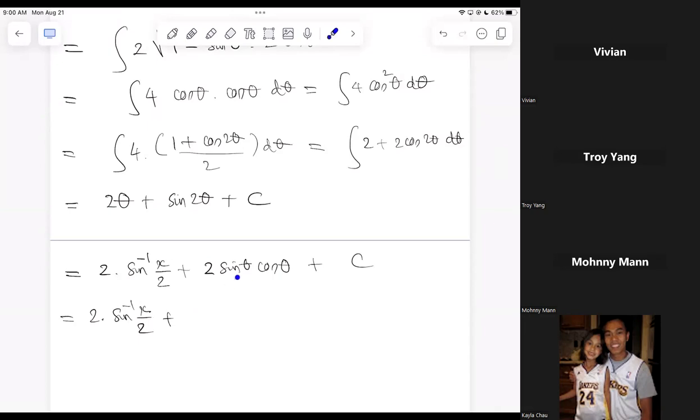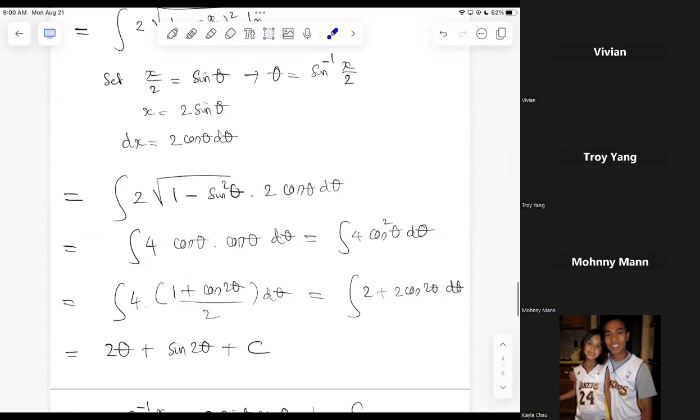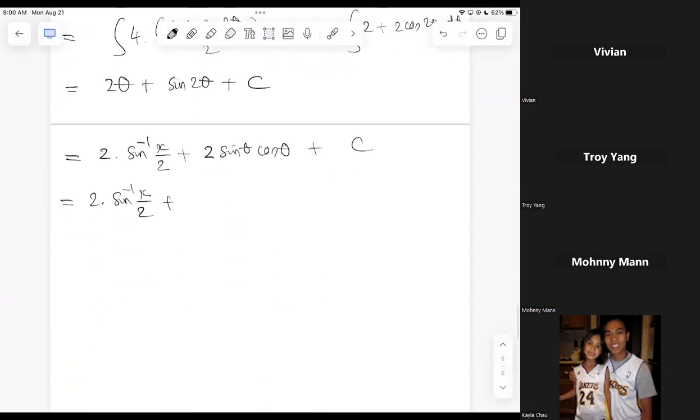And sine theta is just equal to x over 2. So 2 times x over 2. How about cosine theta? What is cosine theta in terms of x? That is the tricky part of this problem.